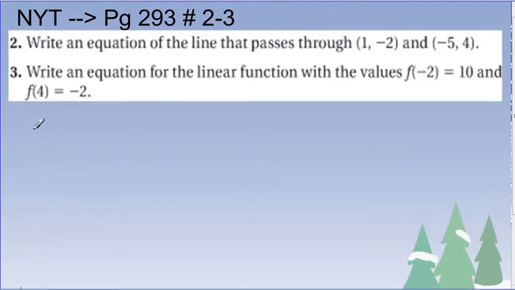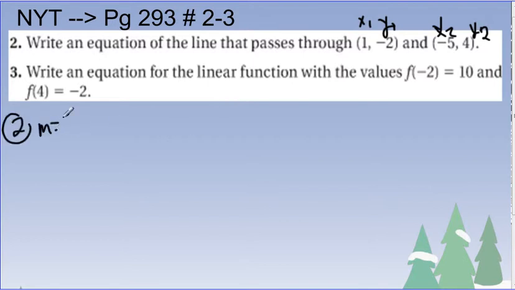Okay, number 2 says, write an equation of the line that passes through those 2 points. So I remember we need to have slope and we need to have intercept. That is not a y. We need slope and we need intercept, so we have x, y, x, y. This is point 2, this is point 1. So this is number 2.